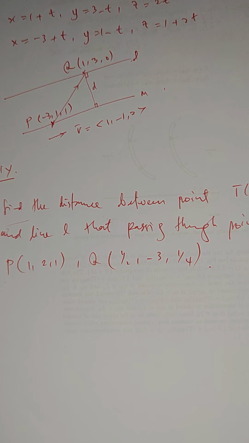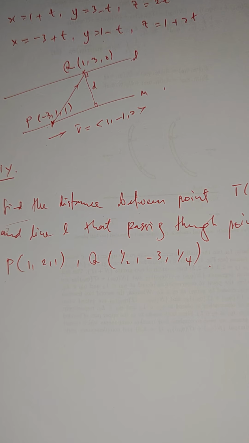I also showed you the parametric equation of a line, the symmetric equation of a line, the vector equation of a line, the angle between two lines, and the shortest distance from a point to a line and between two parallel lines as well.